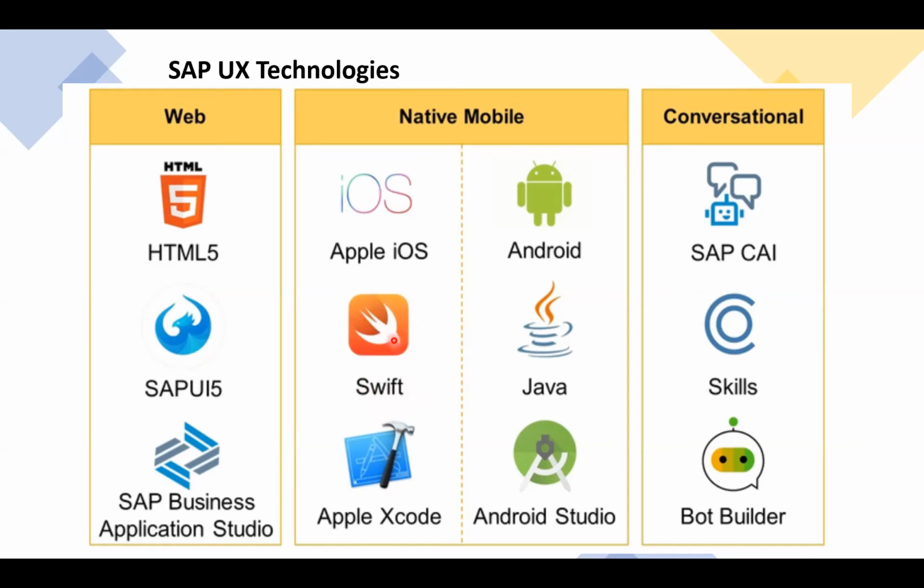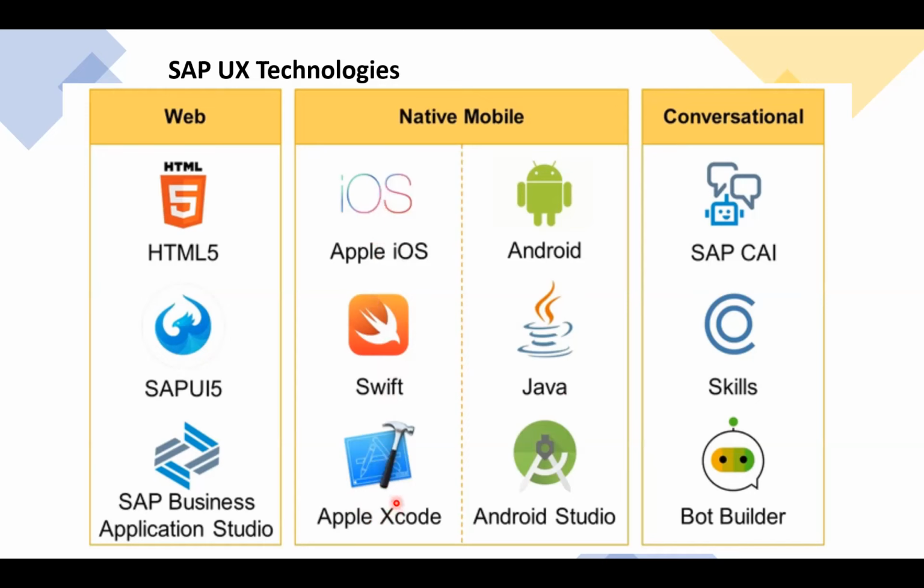This is the language used to build Apple iOS applications. And for Android applications, it's Java, along with the Android development kit. And Apple Xcode is the tool used to build iOS applications.